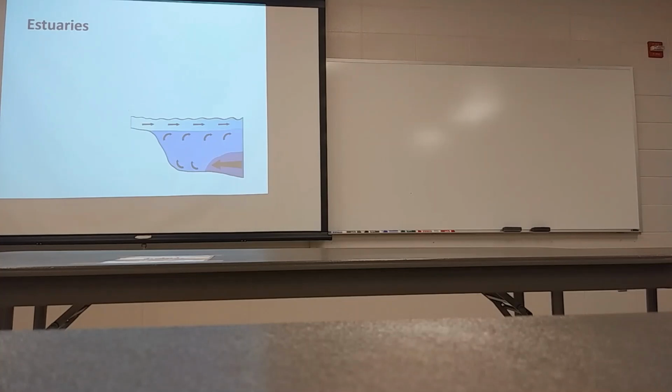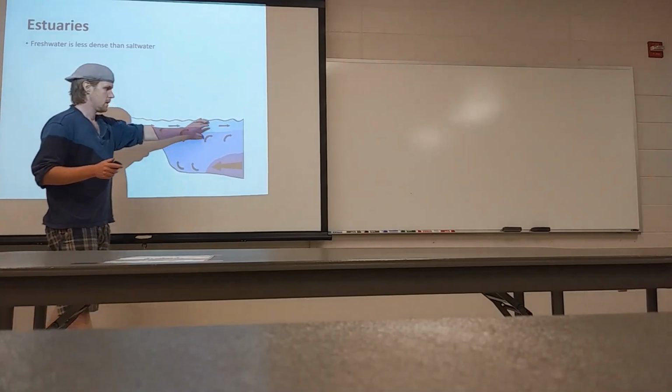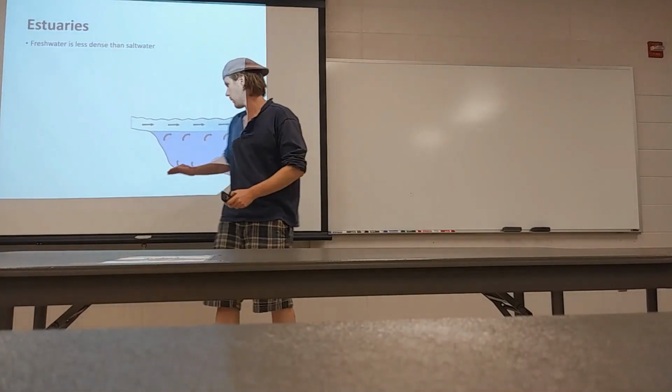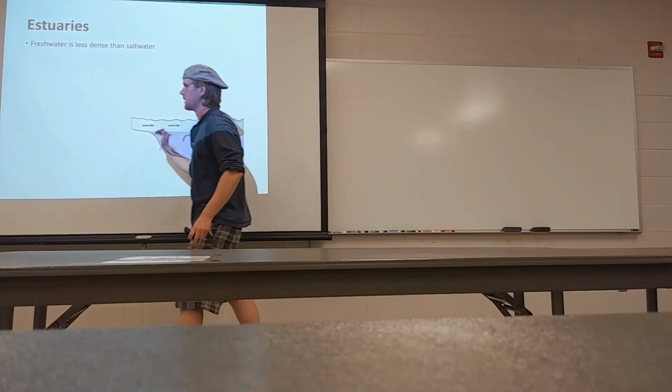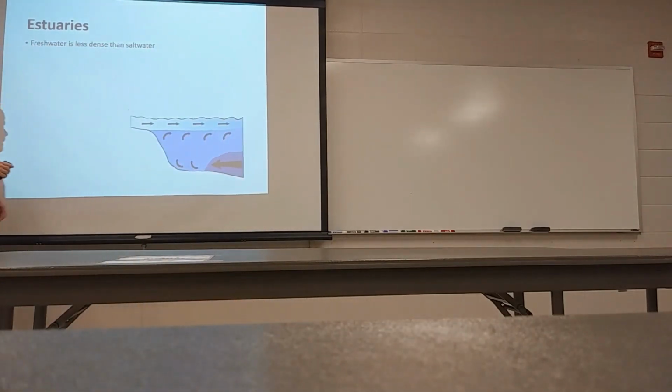Speaking of estuaries, a little bit more on them. So this is an incoming river, fresh water. Salt water here, you can see you have it coming in, there's some upwelling, it comes back around. It does not mix immediately with the fresh water. Fresh water is less dense than salt water, and so it floats above salt water when they meet.